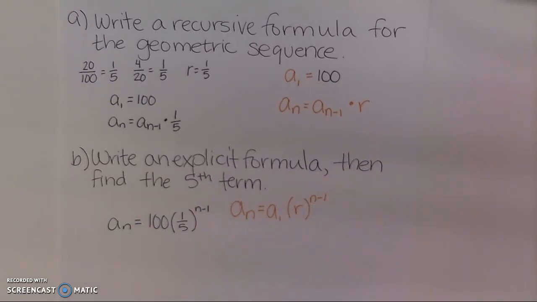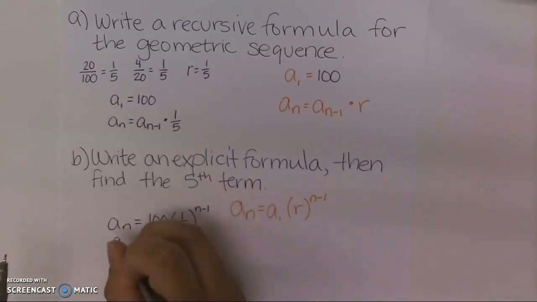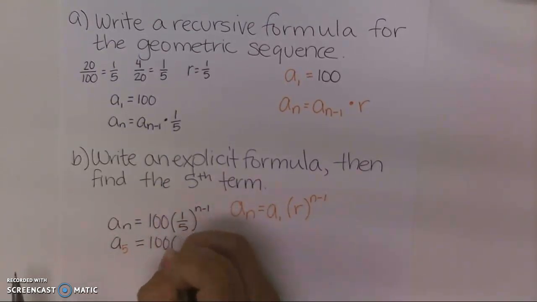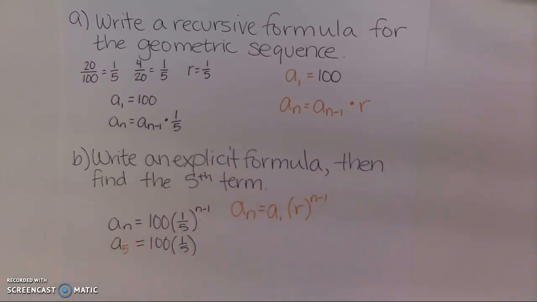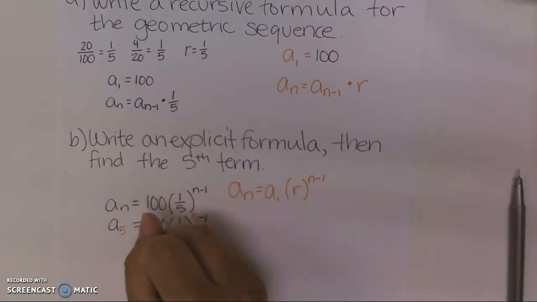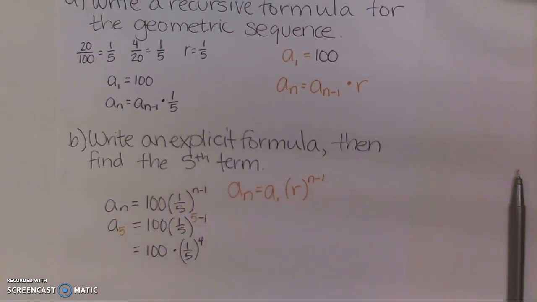To find the fifth term, like it's asking us to do, we're simply going to plug in a 5 when we see that n. Okay? And then I just evaluate it. So I follow order of operations. So we've got 100 times 1/5 to the 4th. You could grab a calculator at this point.